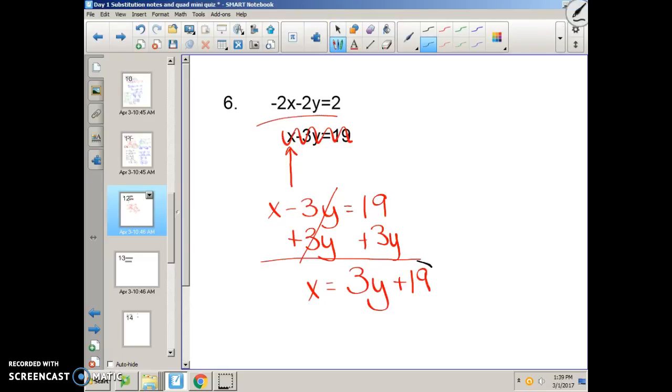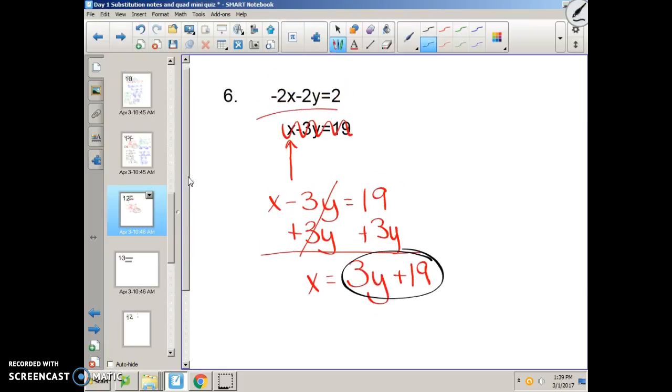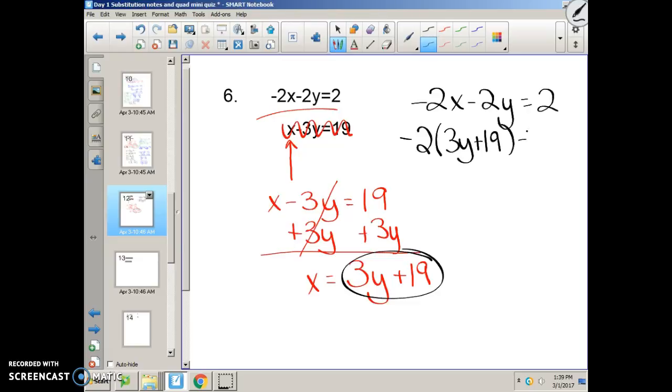Okay, x is now equal to this, so plug it in for the other problem. So negative 2x minus 2y equals 2. Instead of x, I'm going to put 3y plus 19, and everything else stays the same. Distribute your negative 2.